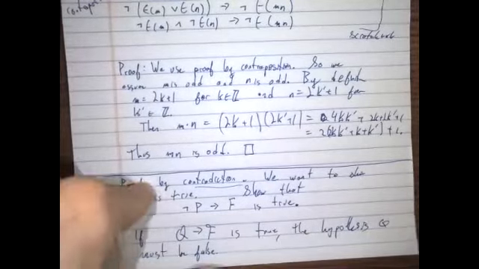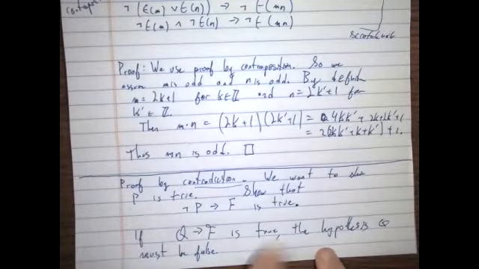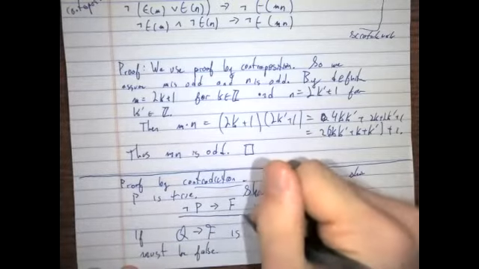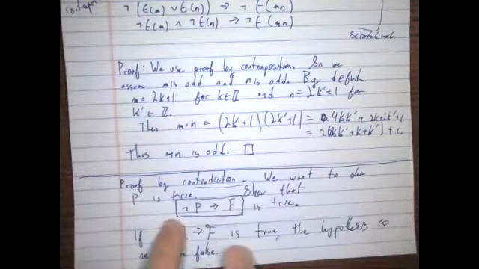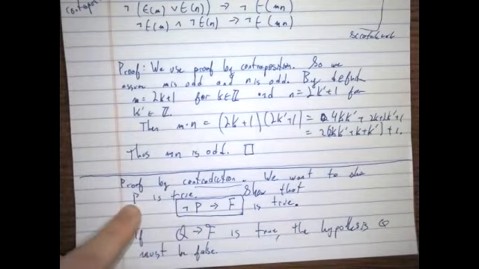Because if I had a true implies false, then the implication as a whole would be false. If the implication as a whole is true, but the conclusion is false, the hypothesis must be false. So if we're able to show that not P implies false is true, then not P must be false, which is equivalent to P being true.